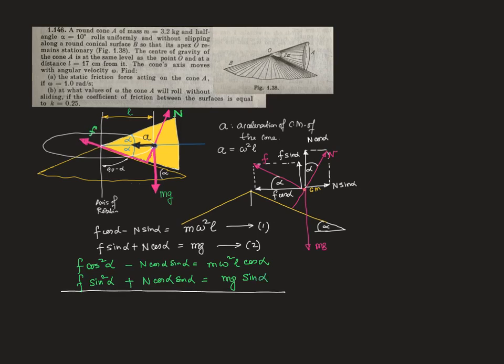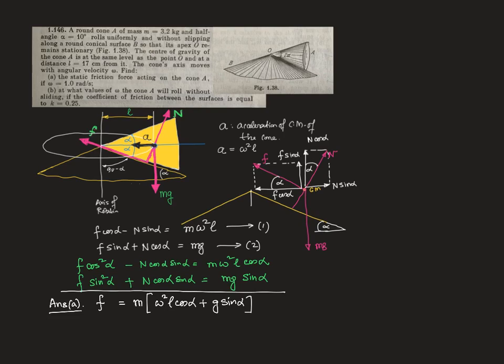We can add the two equations. You get F is equal to m times (omega square L cos alpha plus g sin alpha). So this is the answer to part A. We have found the value of friction F.